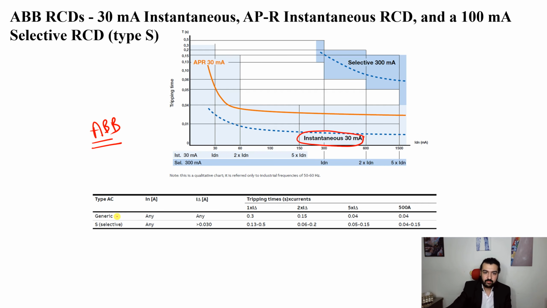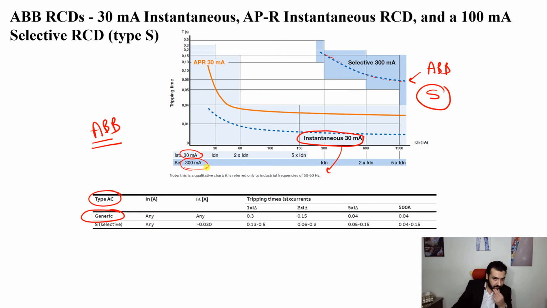An example. Another one, this is the time current characteristics, also by ABB, but this time selective or S type with time delay. So this is a generic type or general type AC, instantaneous, and this is the selective, 30 milliamperes, 300 milliamperes.